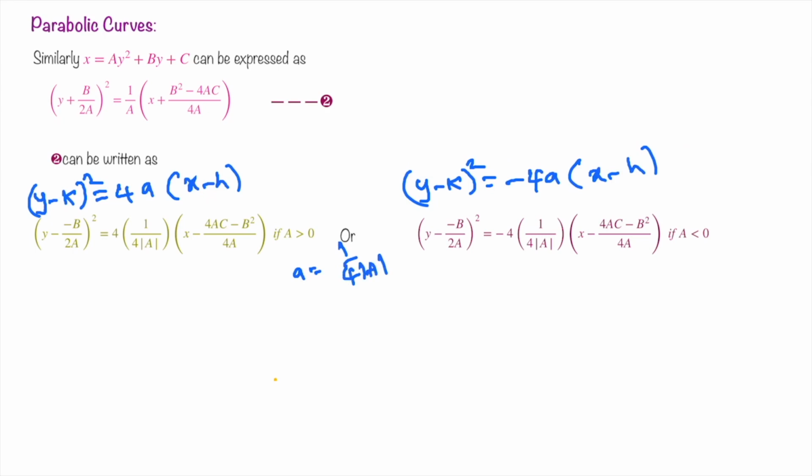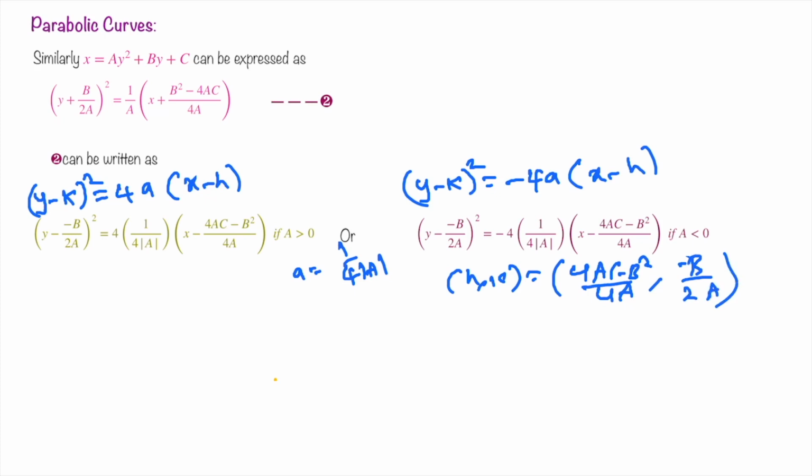Okay. So, looking at this equation, we can tell that here, what is h comma k? h comma k is going to be: h is 4ac minus b square by 4a, k will be minus b by 2a.